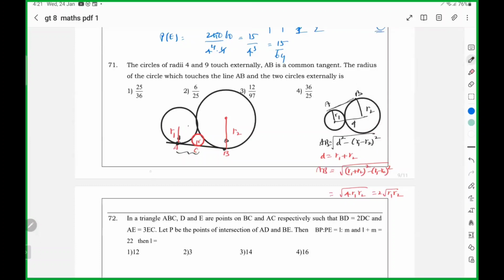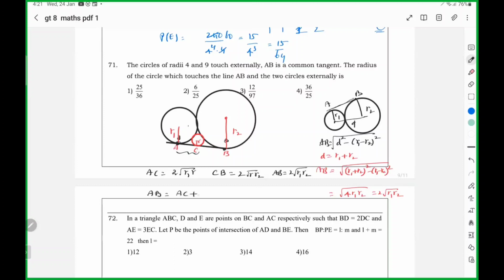So here AC we can calculate using R1 and R. CB you can calculate using R and R2. And AB is related to R1 and R2.